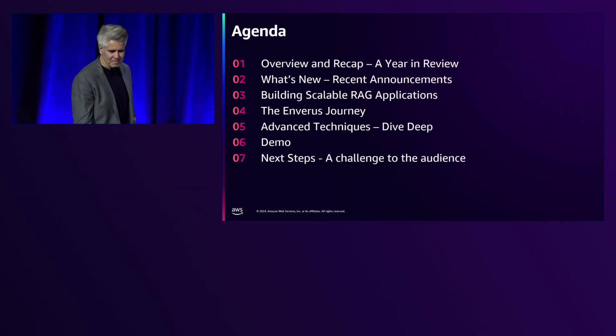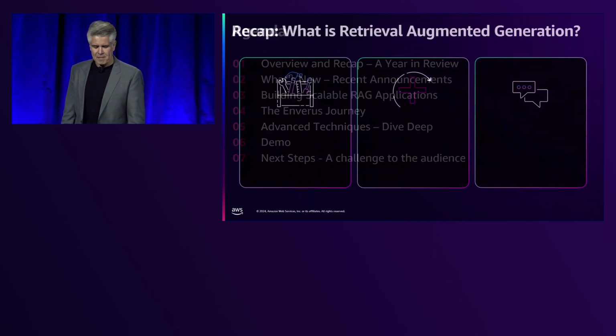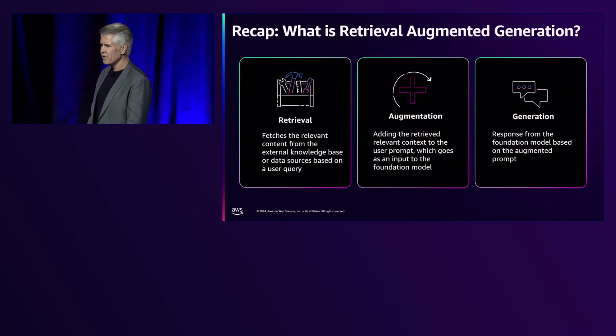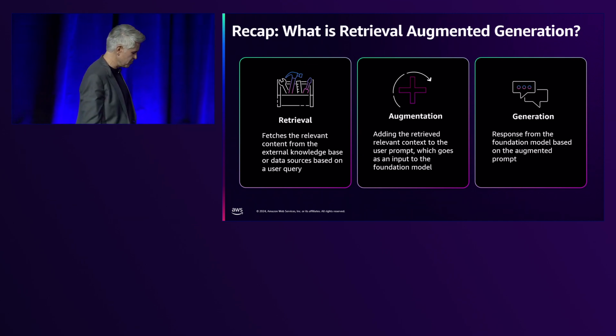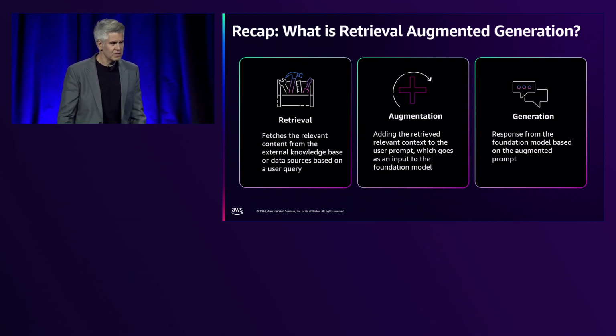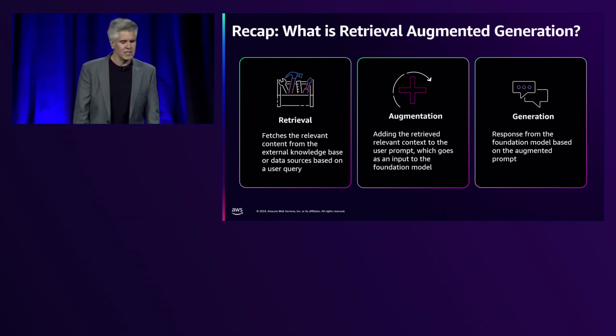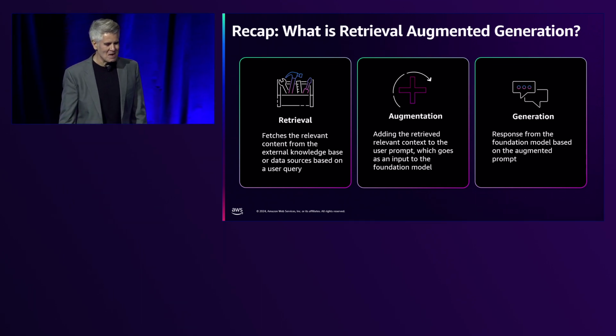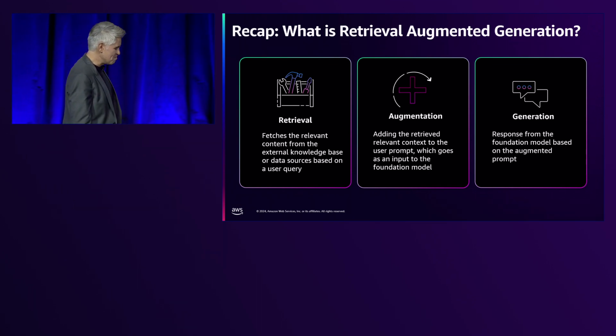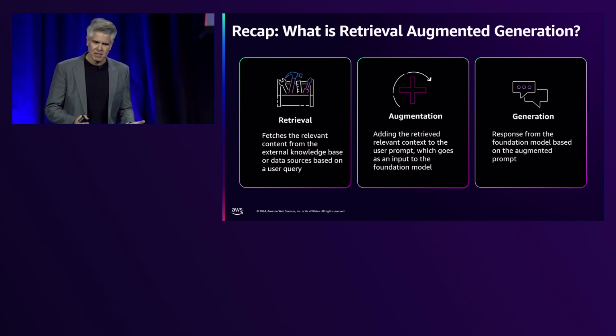So let's get started. So very quickly, I know we all know what RAG is, but assuming someone came into the wrong room, was thinking about coming for something else, wants to sit in the back and just do something else, we're going to talk about what RAG is. So there's many ways of customizing models, right?